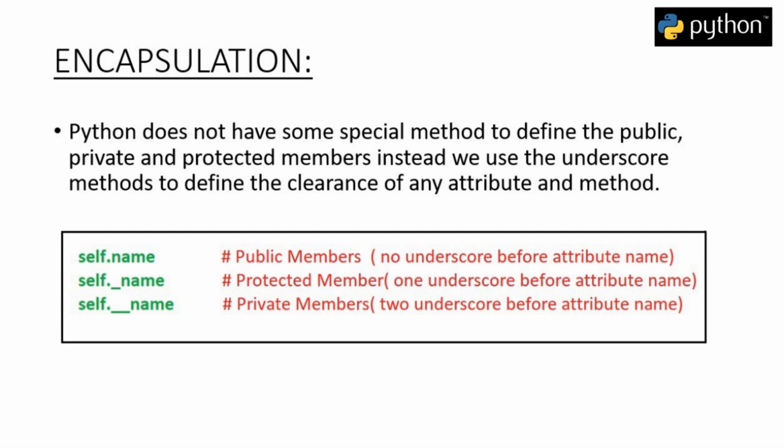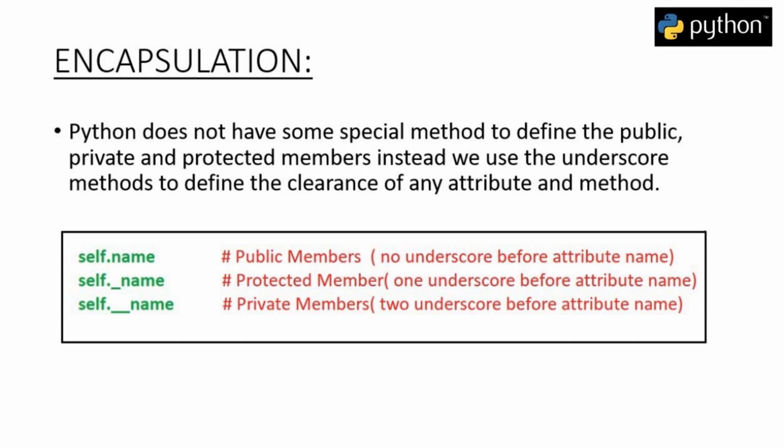Similarly, if we want to categorize any attribute or method as a protected member, then we use one underscore before the name of our attribute. And if we want to categorize an attribute or a method as a private member, then we use two underscores before the attribute name.